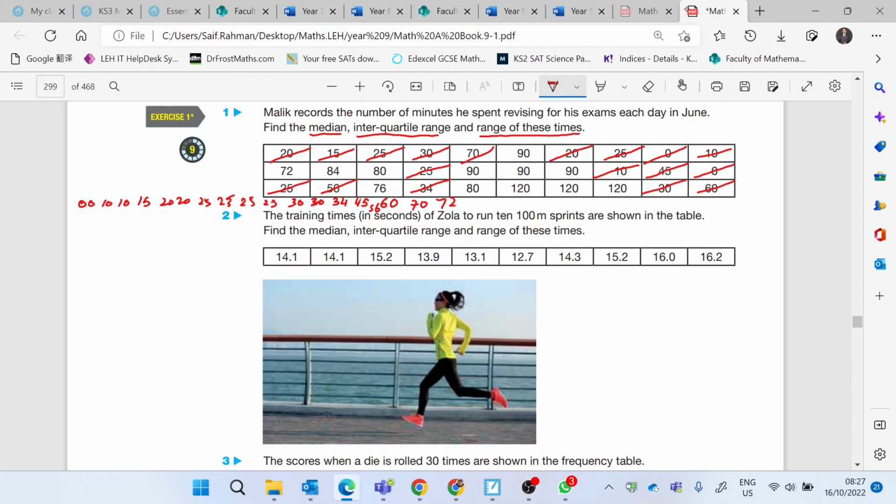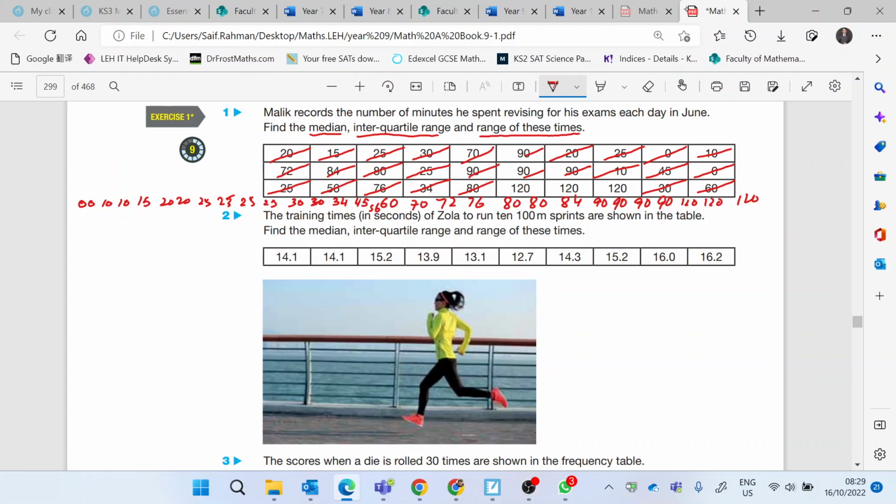And then 72 and 76, and then we have 80, and one more 80, and then an 84, and then 90s: one, two, three, four, four 90s. Then 120s: one, two, three. So I wrote this data in sequence from lowest to highest.